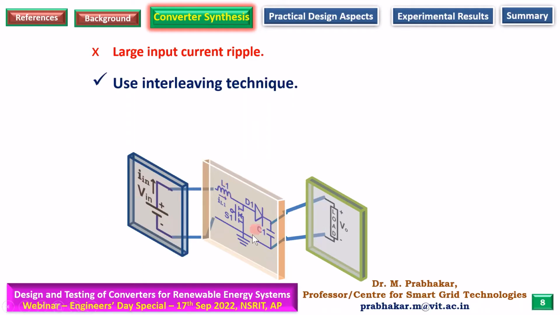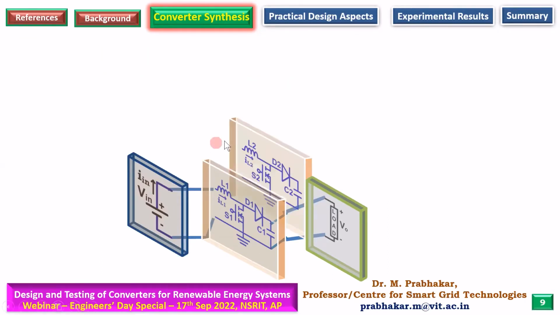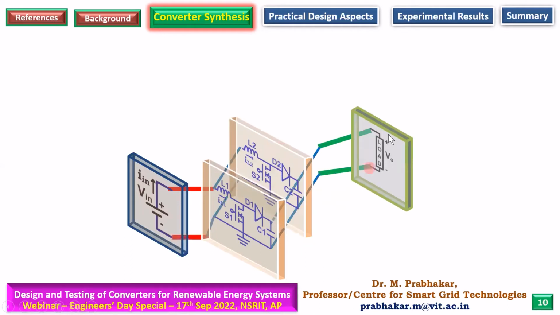This is one layer, one boost converter interleaved between the input and the output. I can have another similar boost structure, connect them in parallel. You connect the load between these two structures, let's say boost converter 2 and boost converter 1. All right. So this is now called a two-phase interleaved boost converter.